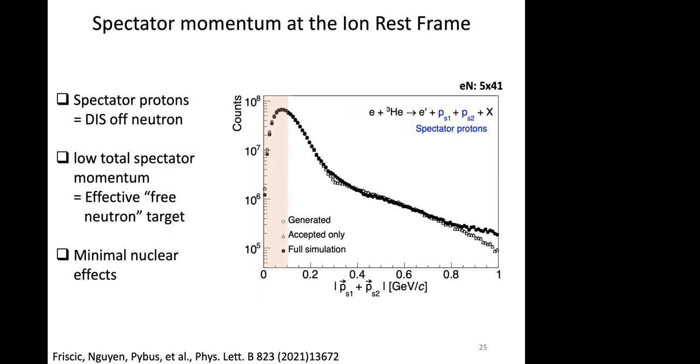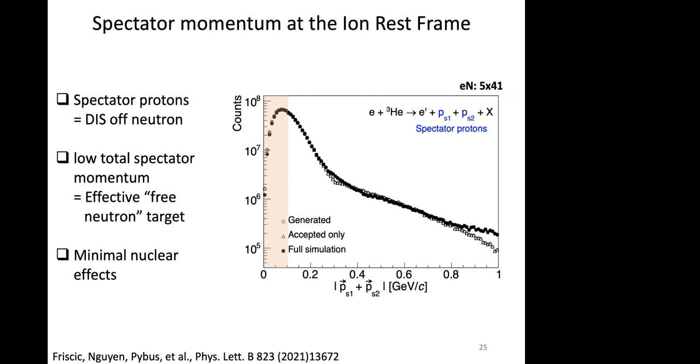By doing this double spectator tagging, the first thing we are able to do is separate the DIS event from the neutron. And now with the constraint on the low total spectator momentum, we have the DIS event from a tagged polarized free neutron target.